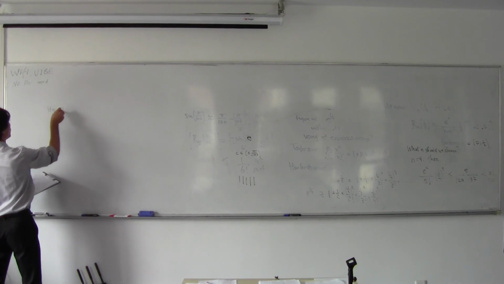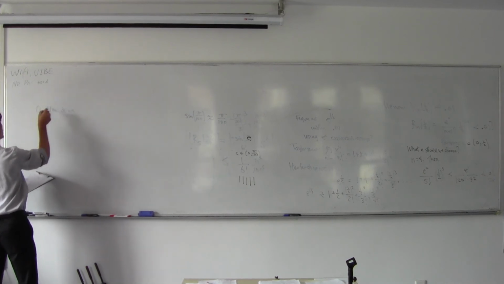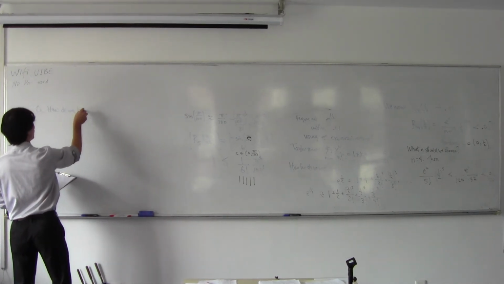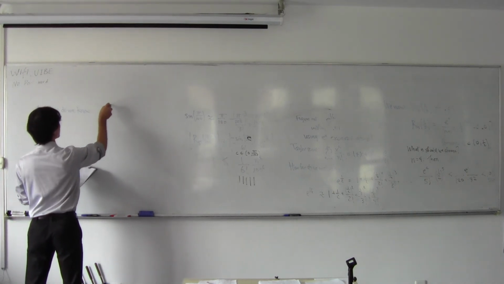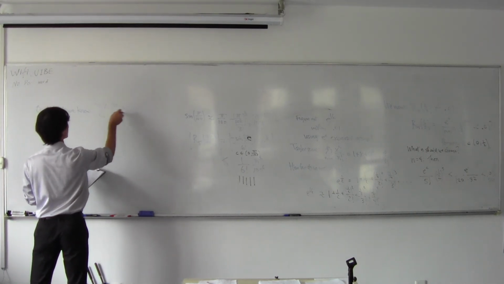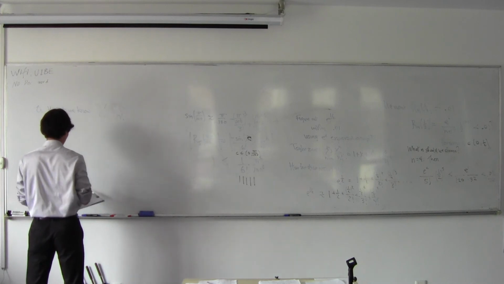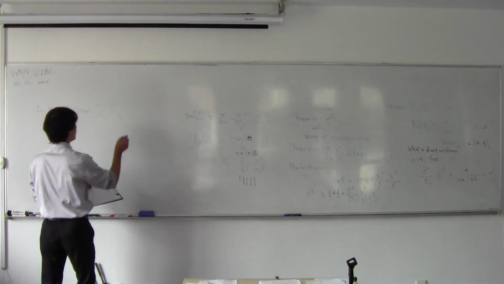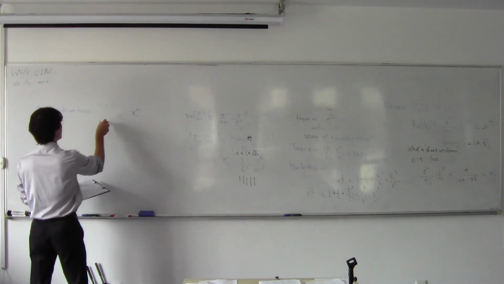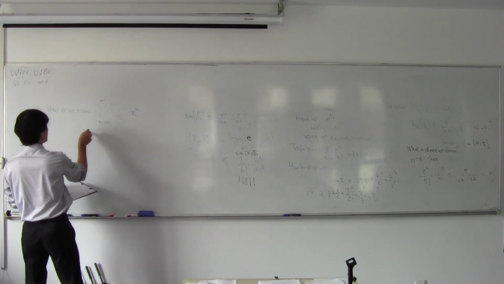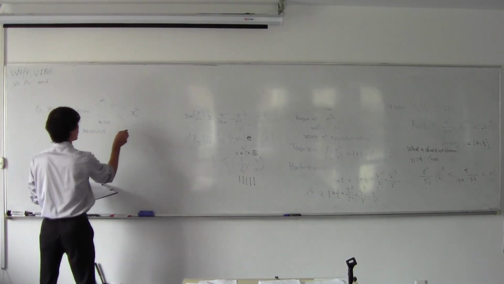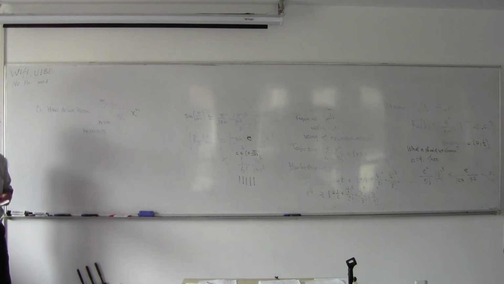Getting back to the original question, how do we know that the Taylor series recovers f?